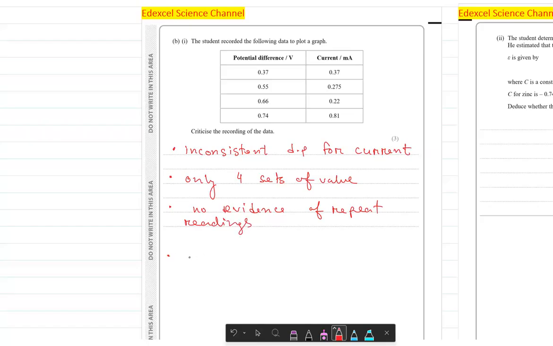And you can also write the last one, that current at potential difference 0.7 volts does not follow the trend. So you can write any three of these.